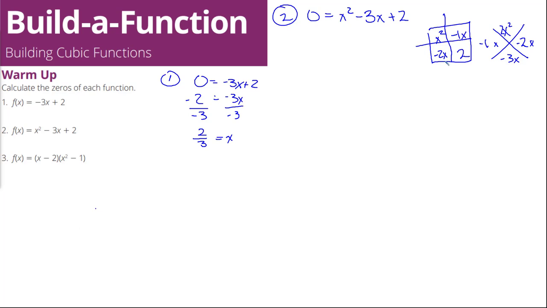The first column, what can I pull out of both of those? What's the same in both? They both have an x. And the second column, what can divide into both 1 and 2? Just a 1. And the closest sign is negative, so negative. So my first factor is x minus 1.